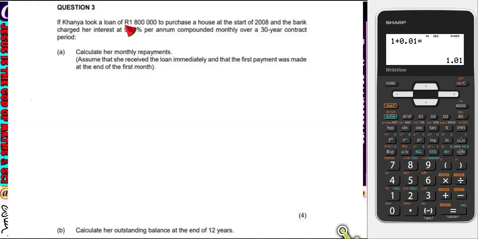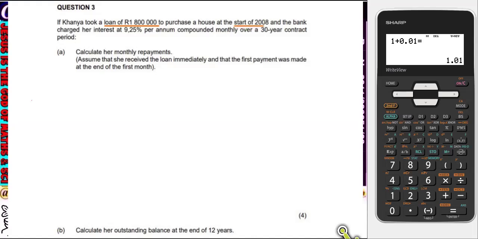A loan of, let me underscore that, a loan of 1.8 million to purchase a house at the start of 2008.